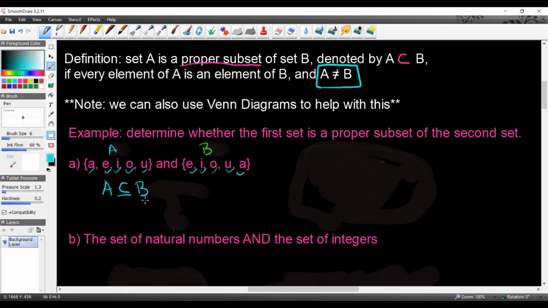But it also looks like they're equal, because all the elements in here are the exact same as over here.